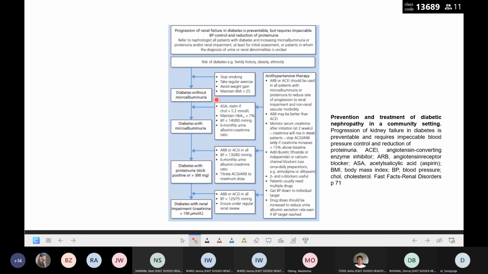And then if we have diabetes without microalbuminuria, we still can manage the cardiovascular risk factors.